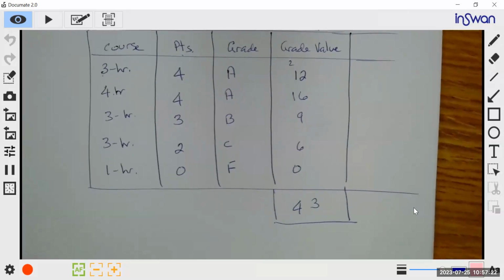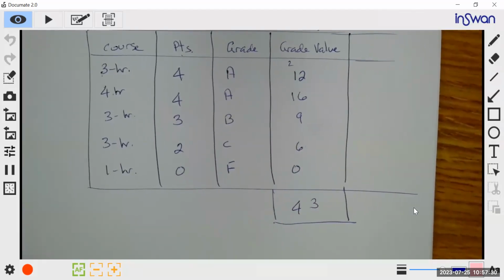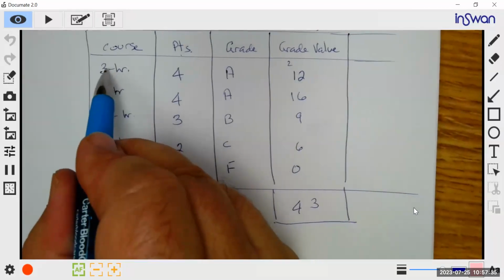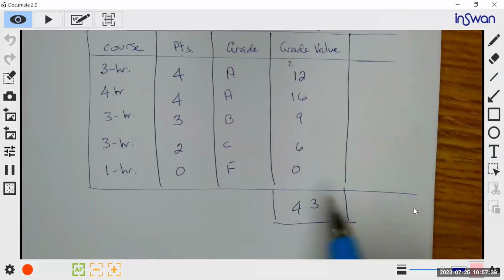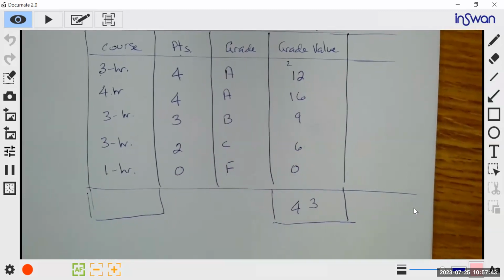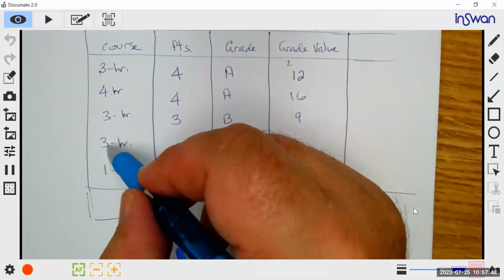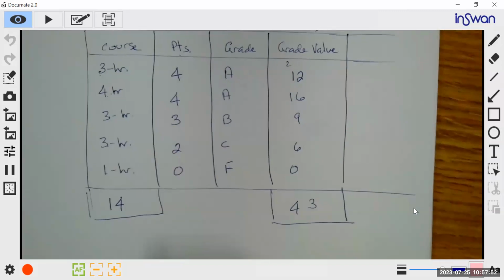Divided by what? No. How many hours did she attempt? This is the grade she got for how many hours were attempted. So 3 plus 3 is 6, plus 4 is 10, 13, so it's 14 hours attempted.